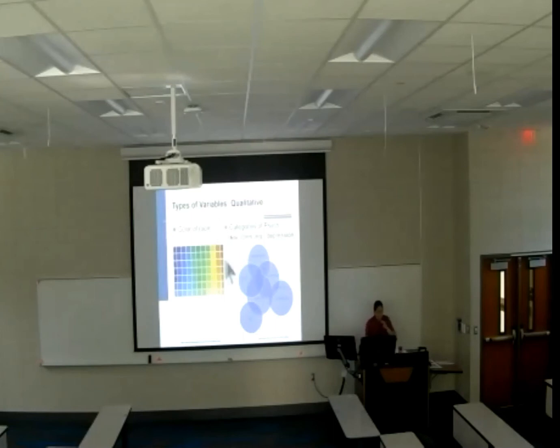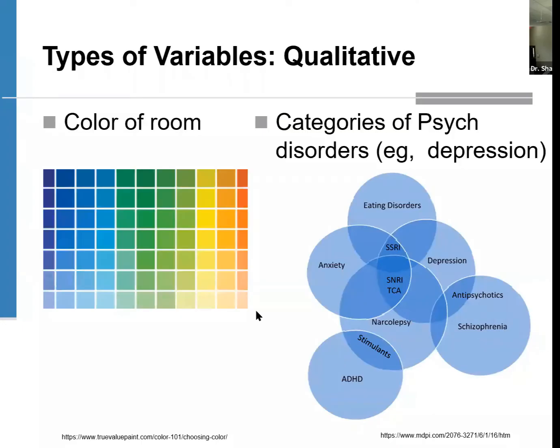A really good example, as I demonstrated, is categories of psychological disorders. In this case, for example, we have eating disorders. They are a category. We have anxiety disorders. They're considered another category.